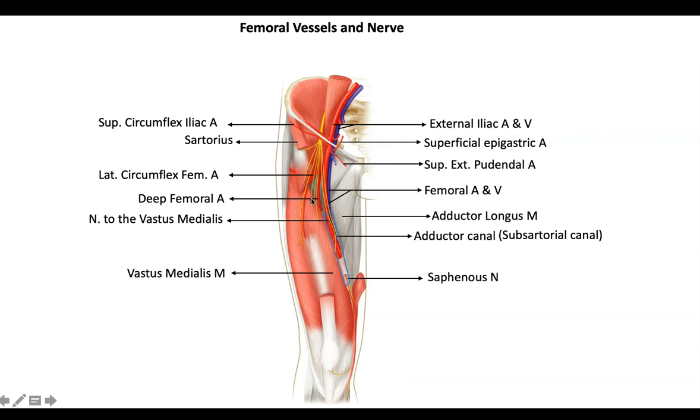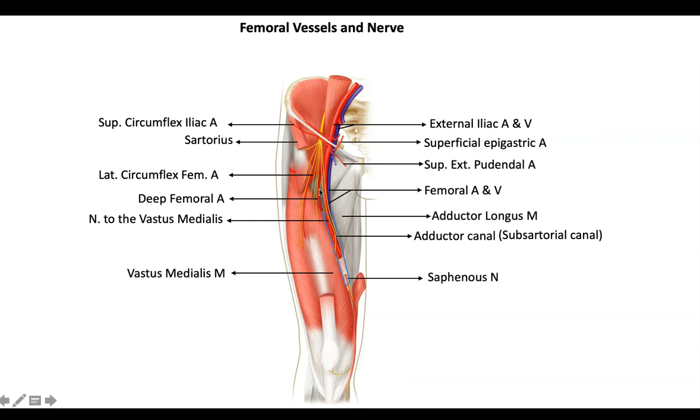So the femoral artery and femoral vein are coursing through the femoral triangle, bisecting it, and from the apex of the femoral triangle, they pass through the adductor canal, and then at the distal part of the adductor canal, they leave the thigh through the adductor hiatus.